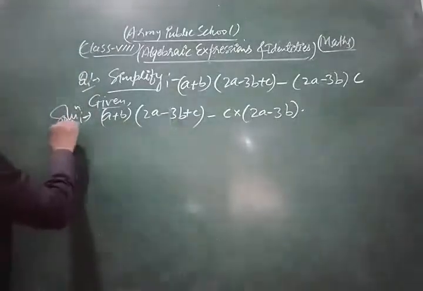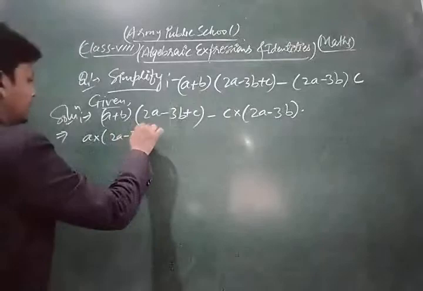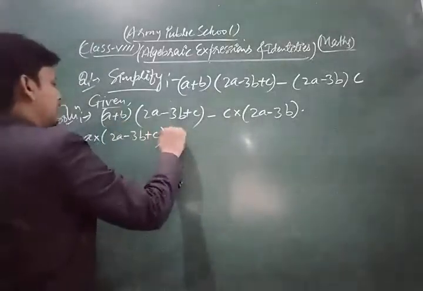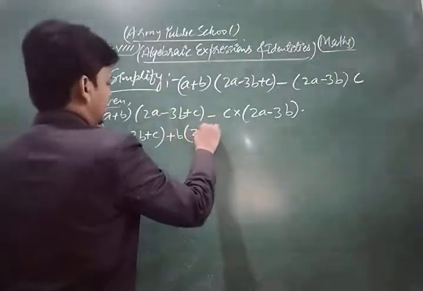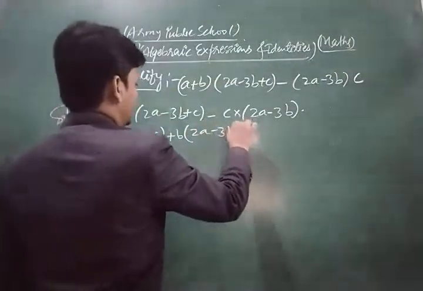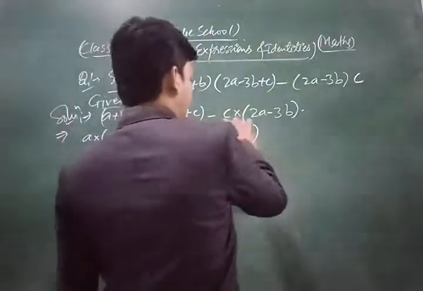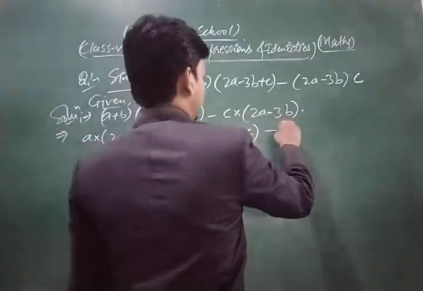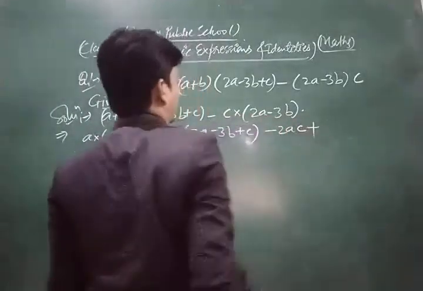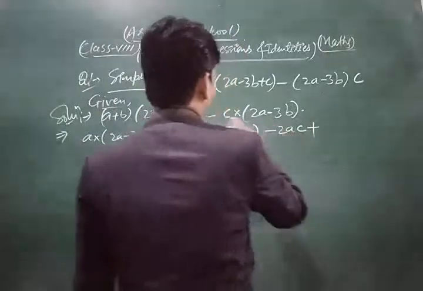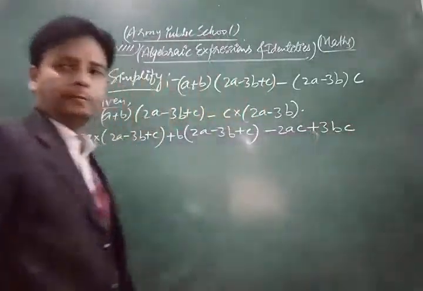Look, we can expand it: a into (2a minus 3b plus c) plus b into (2a minus 3b plus c), and we multiply with the minus: minus 2ac plus 3bc, since 3b into c means 3bc. We can write it in this way.